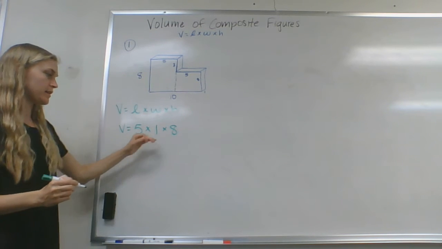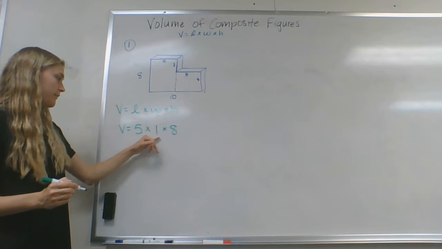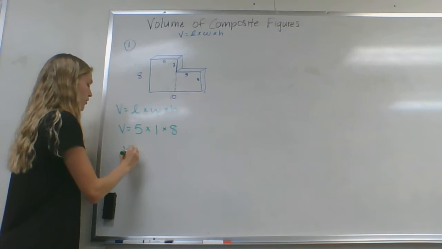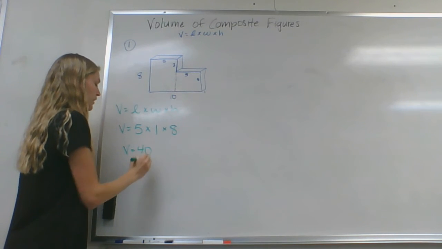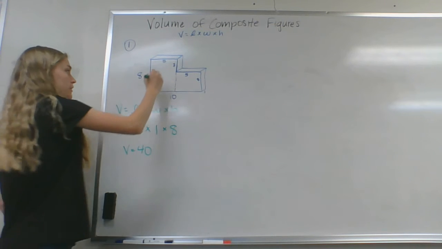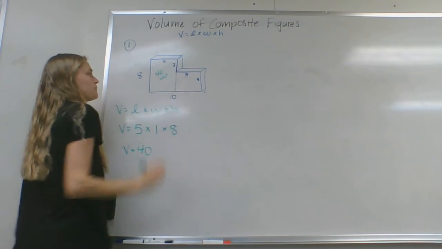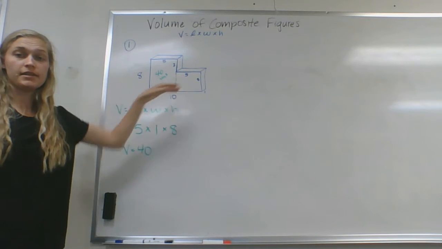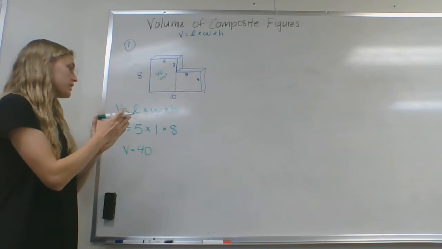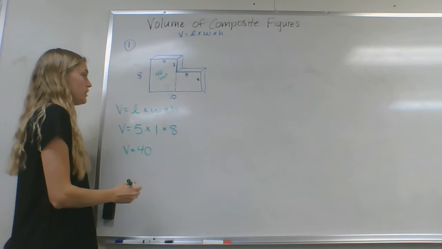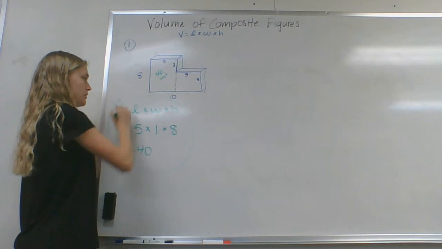So now we need to do 5 times 1 times 8. So that's 5 times 8. So the volume would equal 40 units cubed. This one right here. But we still need to find this volume so we can put those together. So this is the first half.